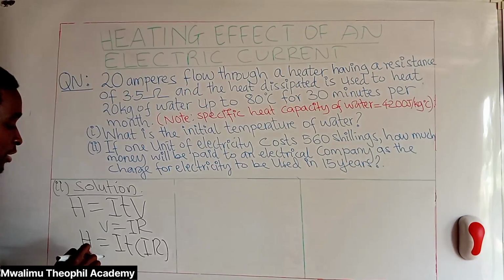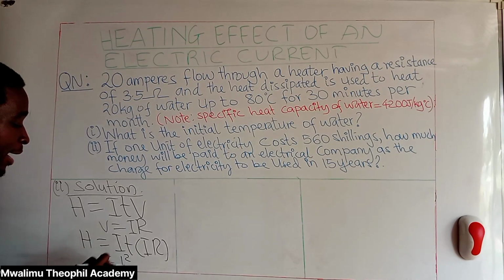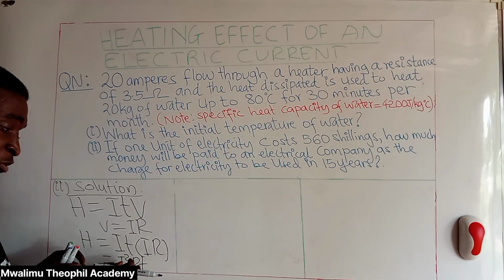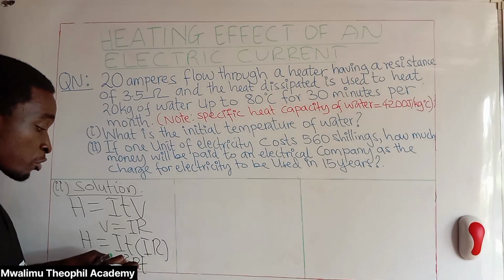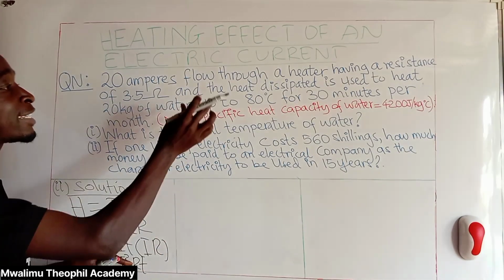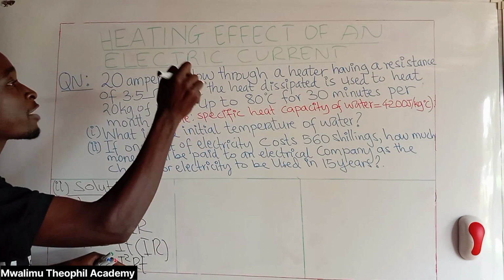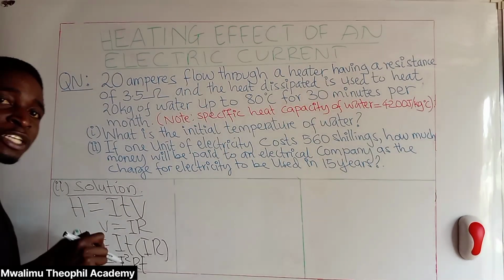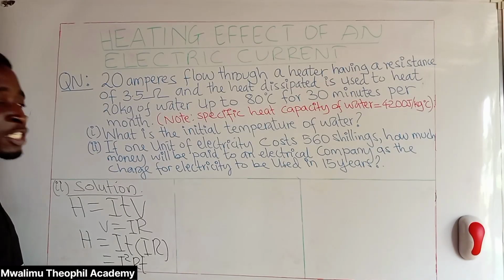Now, this heat will be equal to I squared times resistance times the time. I have converted this, as I told you before, in order to include resistance, as the given value is the resistance and not the voltage. So now let us find this amount of heat energy dissipated.